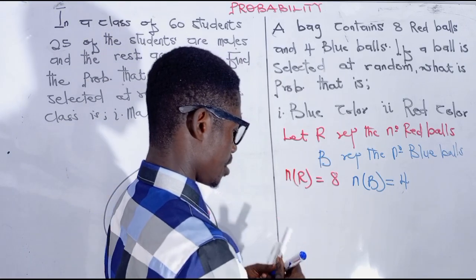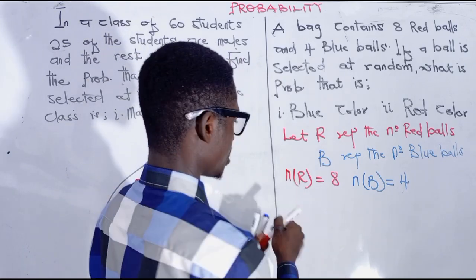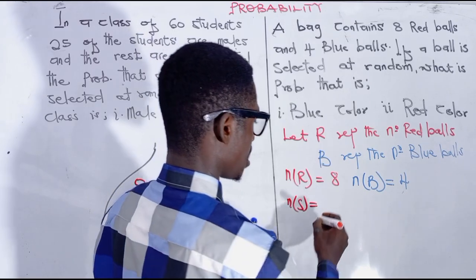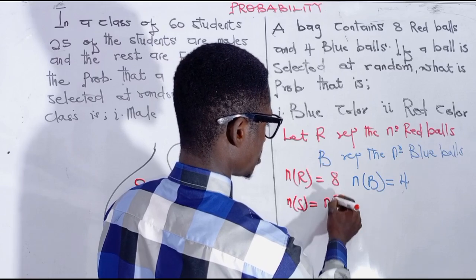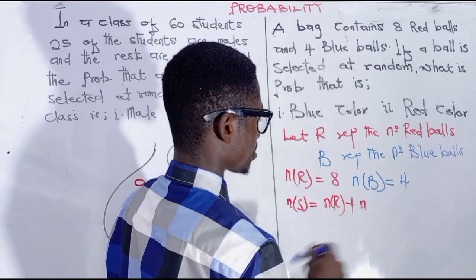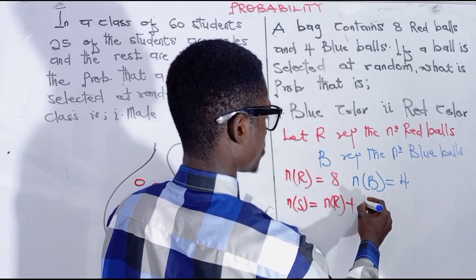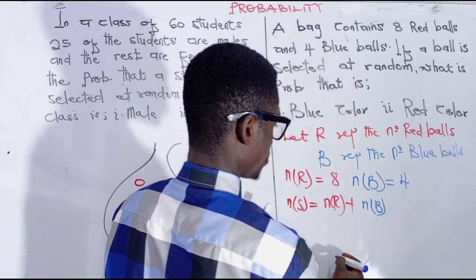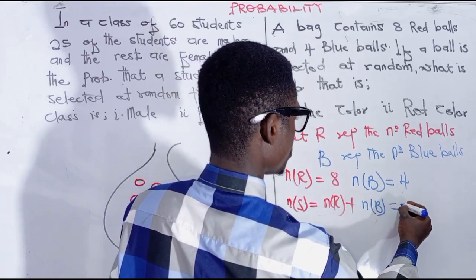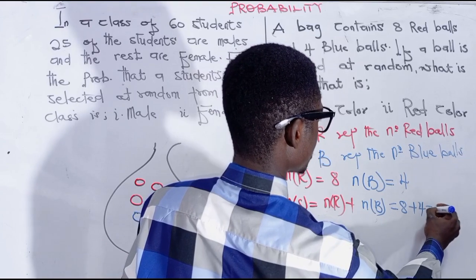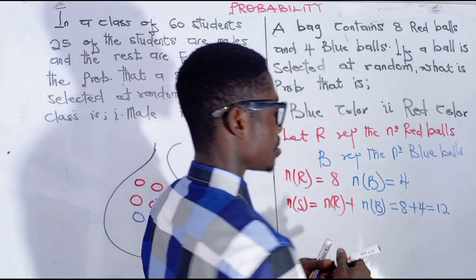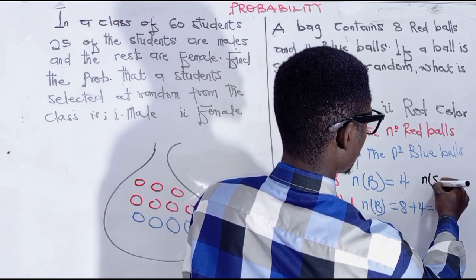So to obtain the number of outcomes in the sample space, we have the number of red balls in the bag plus the number of blue balls in the bag, which is 8 plus 4. Therefore, the number of outcomes in the sample space of the experiment is 12.